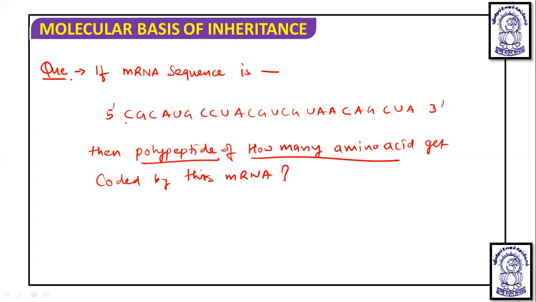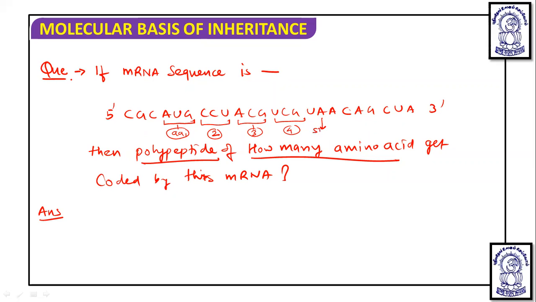If you want to solve this question, dear students, remember that AUG is the start codon. So the first amino acid will be added starting from here. It is going to add a first amino acid, this is going to add a second amino acid, this a third amino acid, and this a fourth amino acid. And UAA is the stop codon.